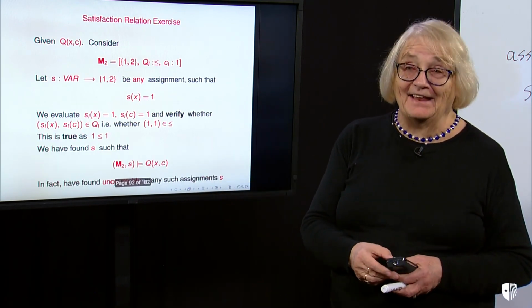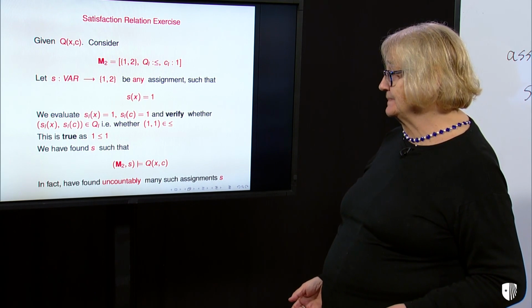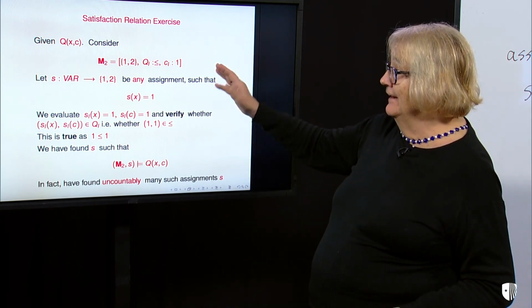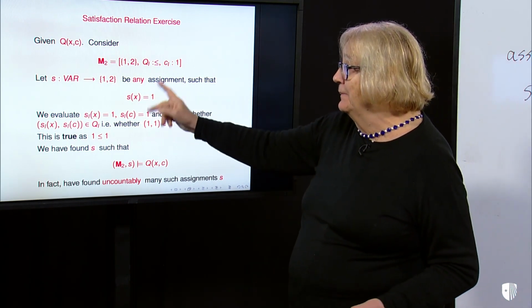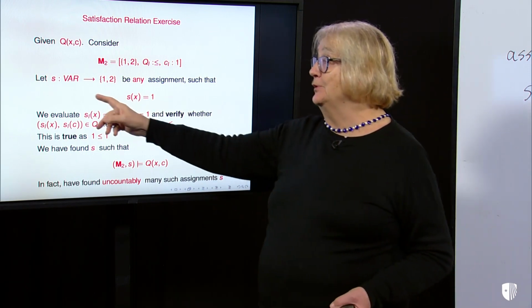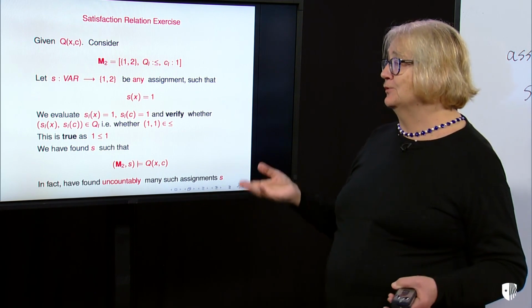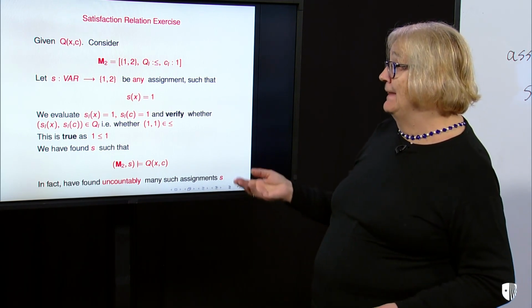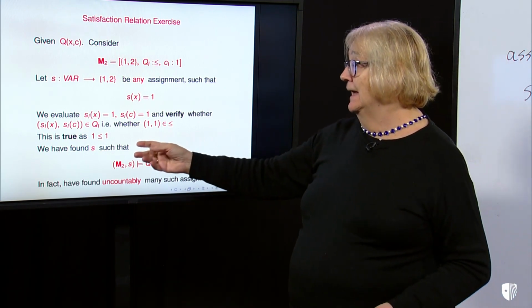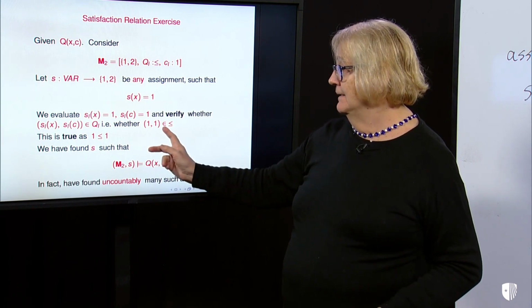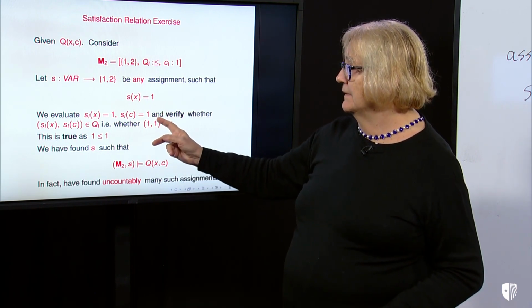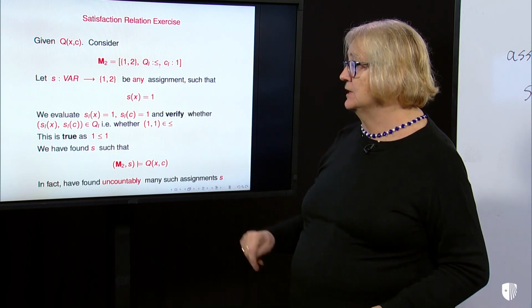And then the other one, I have a little bit bigger, but I'm lazy, so I put x equal 1 for all variables, so I keep the same S. And now what's happening? I have the relation Q is less equal.